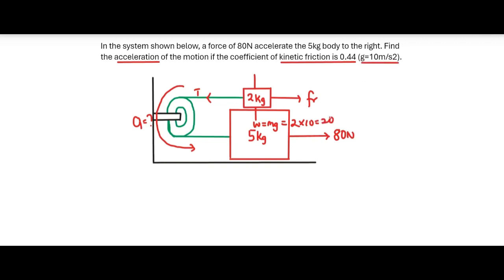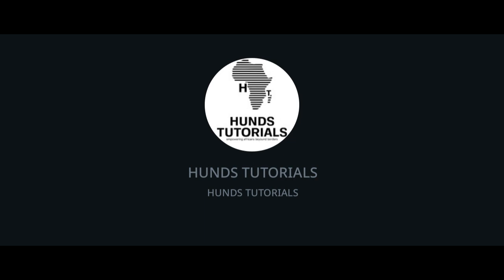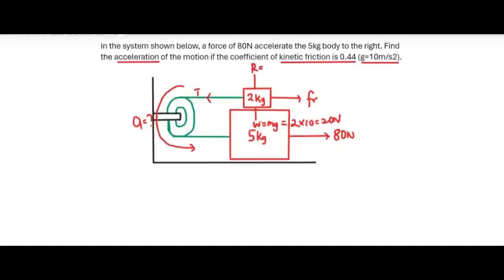So I have equals to 20 newtons. Right? If that is the case, we have normal reaction to be equals to, since normal reaction is equivalent to R, for this case, since the body is not inclined, so we have 20 newtons here. In other words, your normal reaction is still the same thing as mg. All right, these are the forces acting on that particular body.